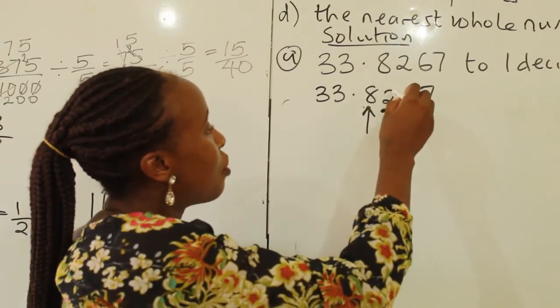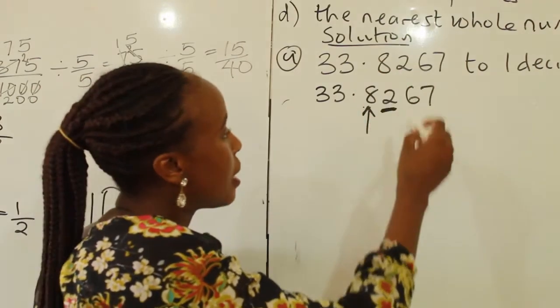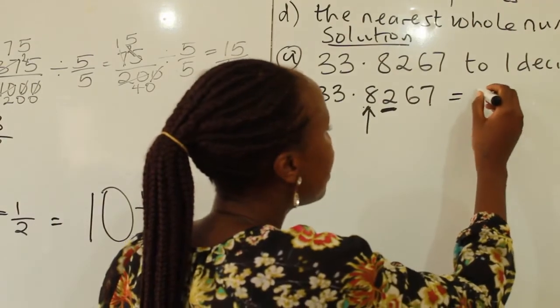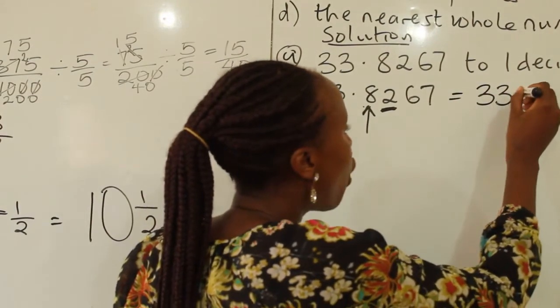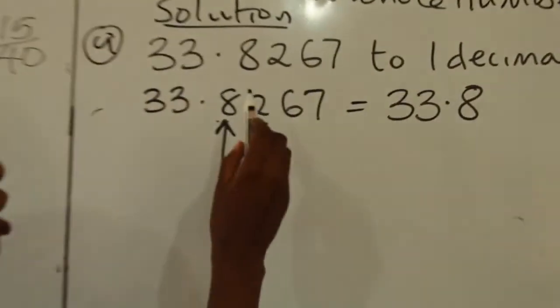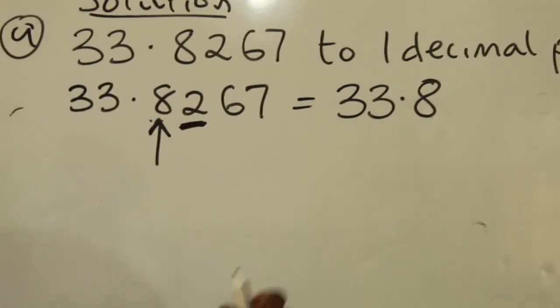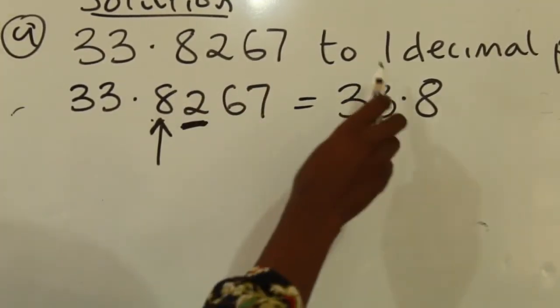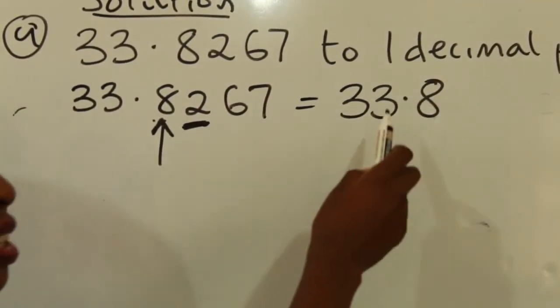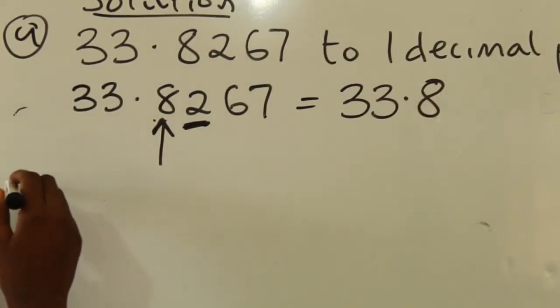If 2 becomes 0, you add 0 to 8, and 8 will still remain the same. Therefore, our answer will now be 33.8. This is because 2 is less than 5 and 2 was rounded down. And I mentioned that 1 decimal place means only 1 digit immediately after a decimal point is needed.